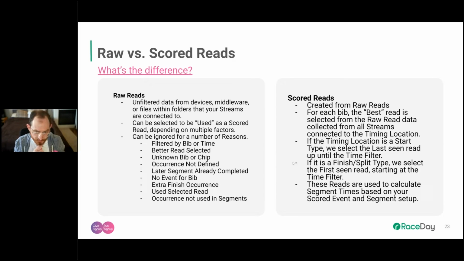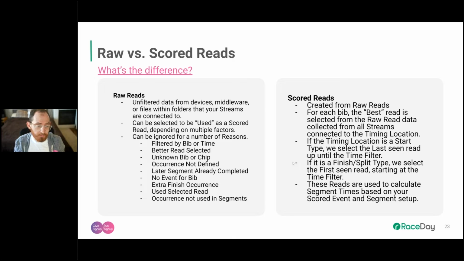So there's two types of reads because in RaceDay scoring, we want to be able to let you see all of the data, but at the same time, only use the data that you actually intend for scoring purposes. So we show you raw reads, which are basically unfiltered data from the device's middleware files within folders that your streams are connected to. And each of those raw reads could be selected to be used as a scored read, depending on a multitude of factors.